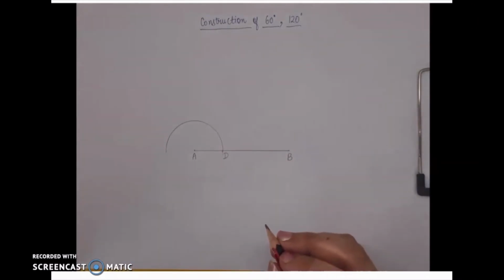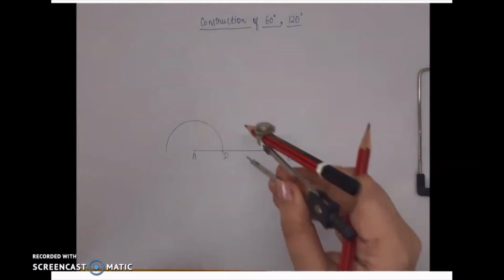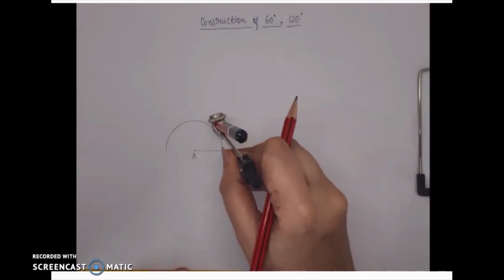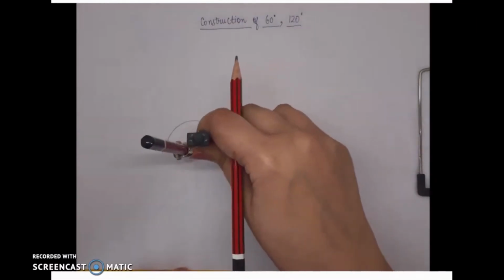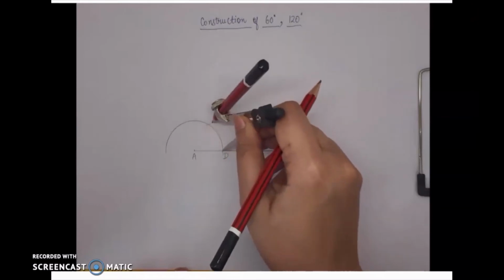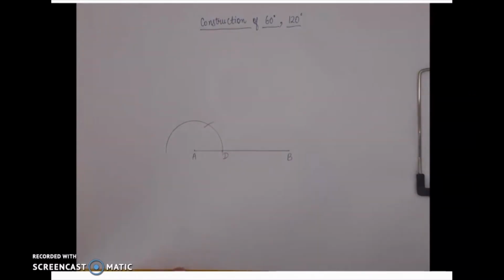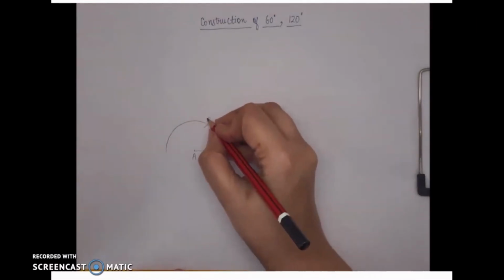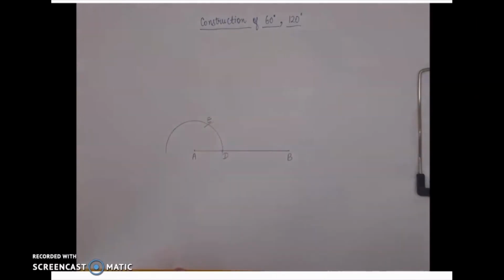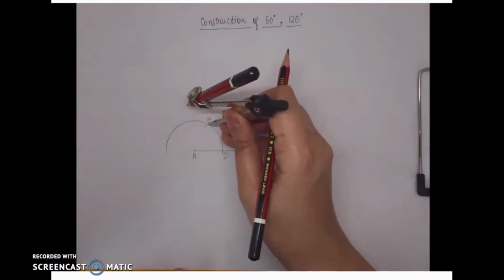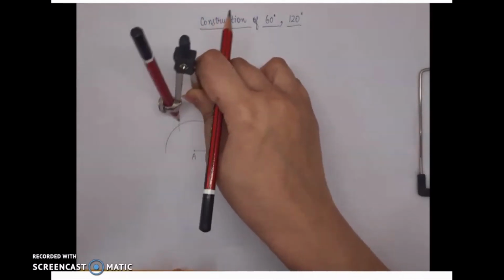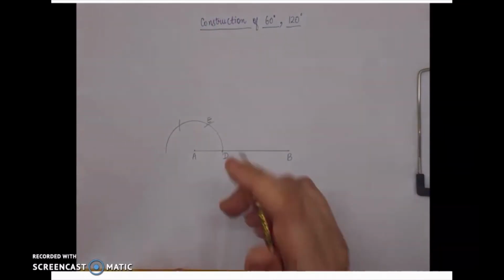So this D I am marking as the point of intersection of AB with the arc. Now without changing the radius, this radius is same as the radius of the semicircle which I have drawn. The same radius I am going to cut an arc again, and this point I am marking as E. And from E again, without changing the radius, I am making another arc.